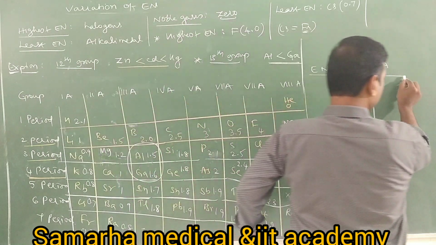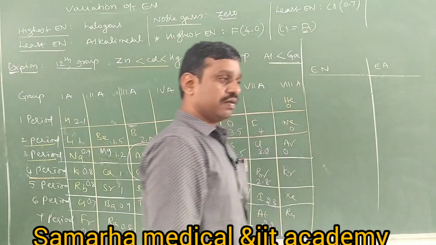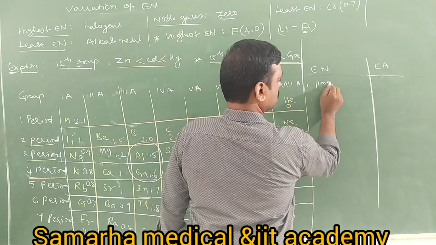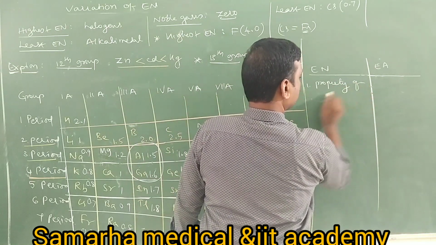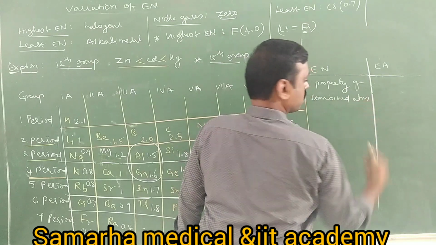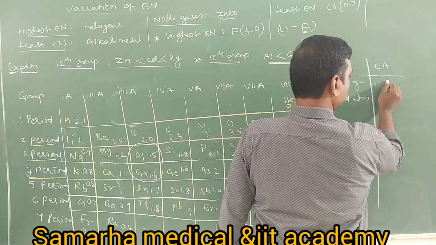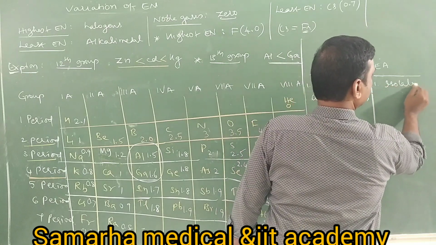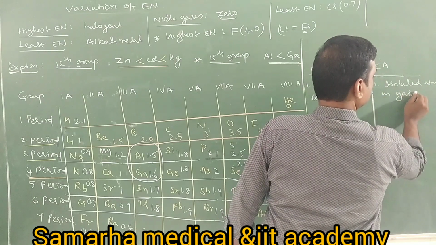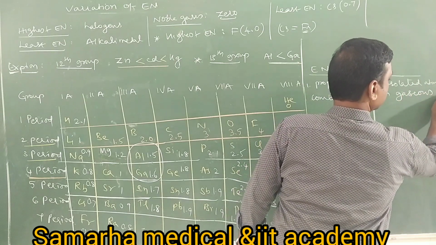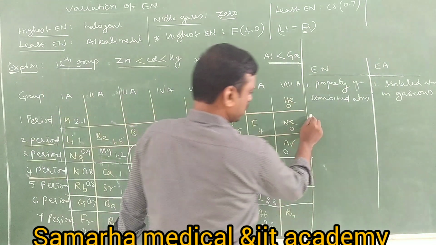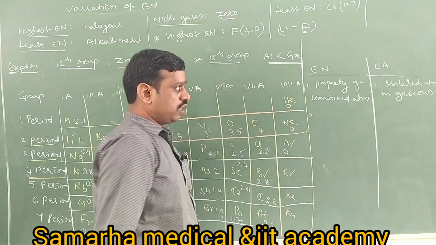It is a property of a combined atom, right? Whereas electron affinity is a property of an isolated atom in the gaseous state, right? Next, the second difference, can you tell me the units?